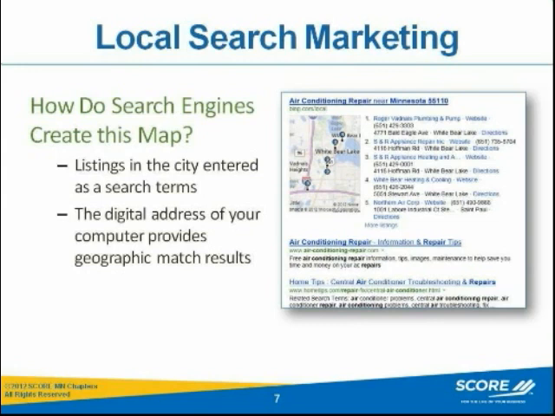The search engines recognize your address, and so when you type in things like air conditioning repair, a plumber, or a dentist, you are most likely looking for a local business. So it provides you with the local map and the local listings. To be successful today, you need to get your local business on the local map.